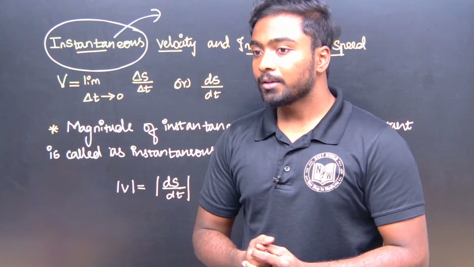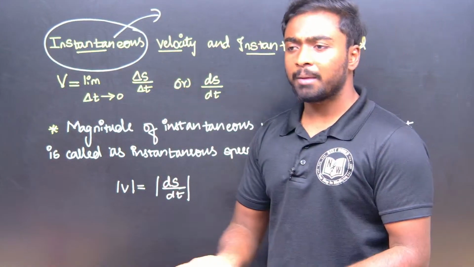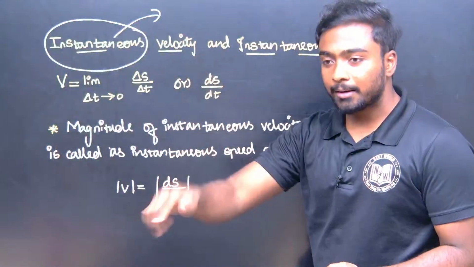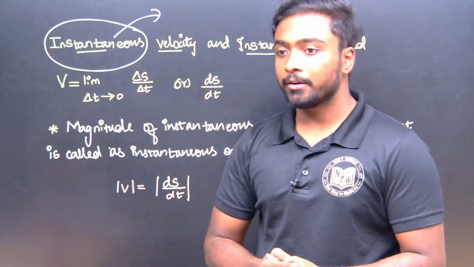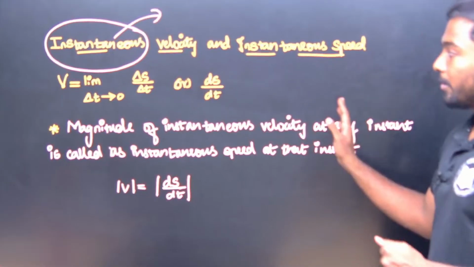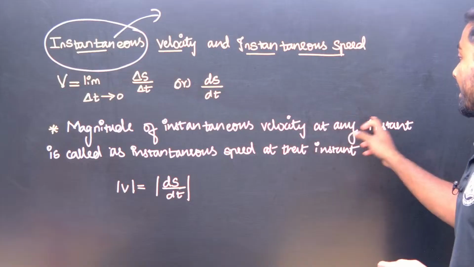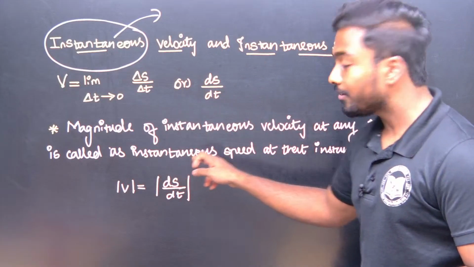That is instantaneous speed. But average speed may or may not be equal to it. Instantaneous means at that particular moment, what is the speed. The magnitude of instantaneous velocity at any instant is called instantaneous speed.